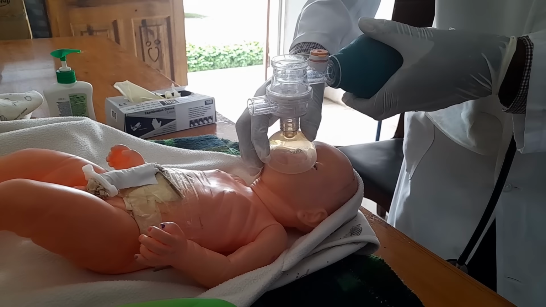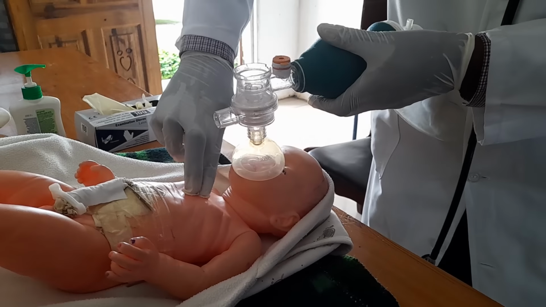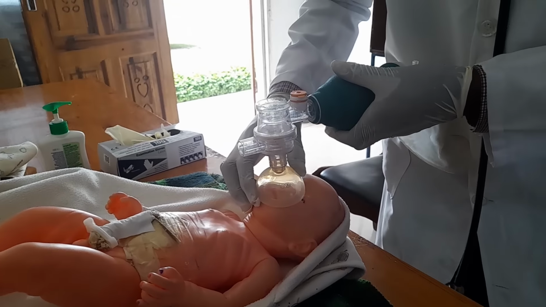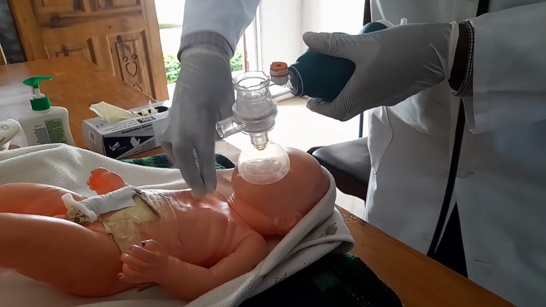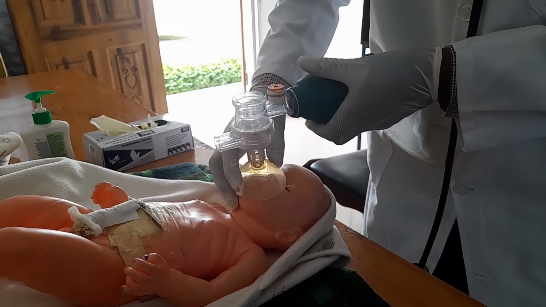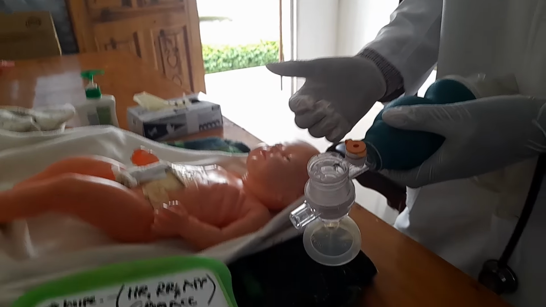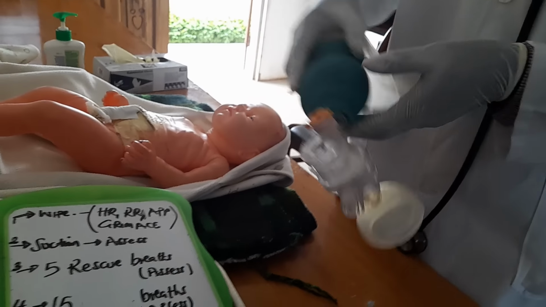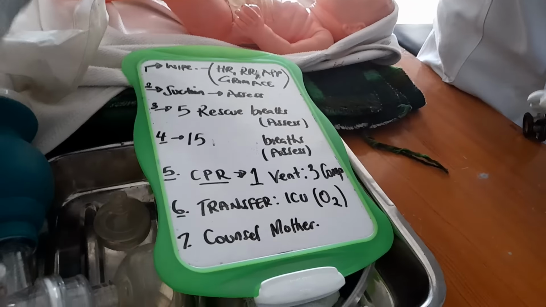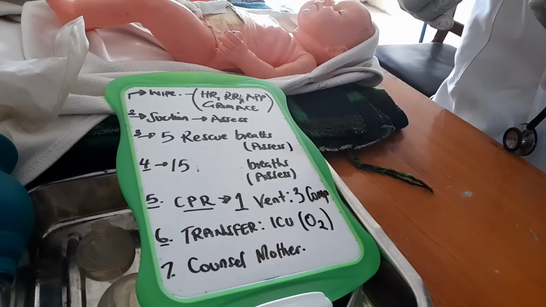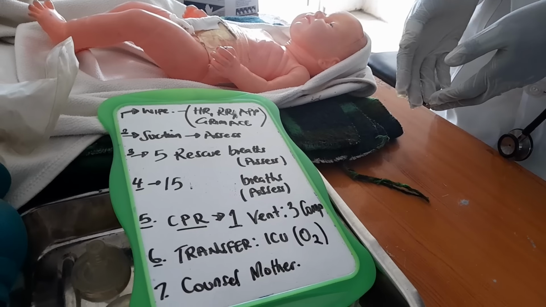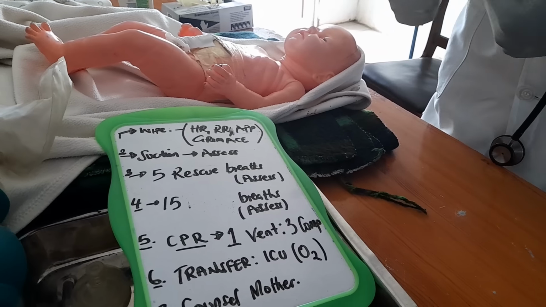You can just go 1, then 1, 2, 3, then 1, 1, 2, 3, then again 1, 1, 2, 3. So even at this moment, you have done these compressions, but then the baby still hasn't cried, and you have done the assessment, so you can reassess. The baby still hasn't cried.